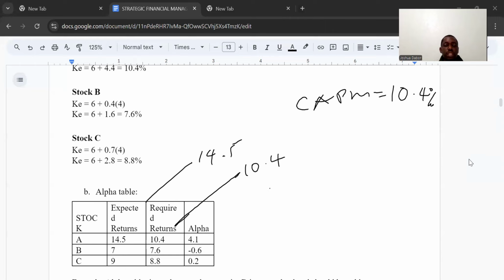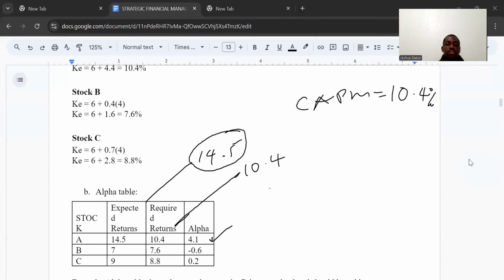But at the end of the day, the security is returning 14.5. What does it mean? There is a difference of 4.1. So is this a good business or a bad business? Is it undervalued or overvalued? Securities that are undervalued are good business, because their returns tend to be more than what you expect.